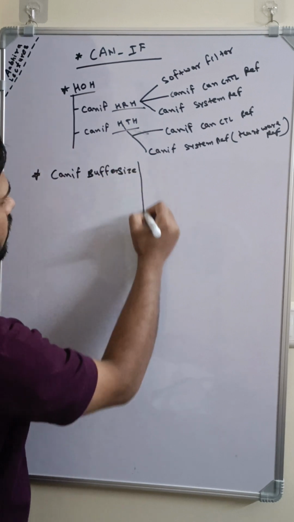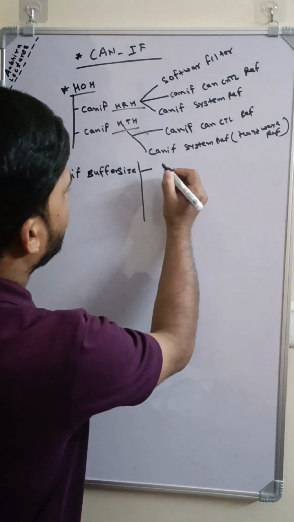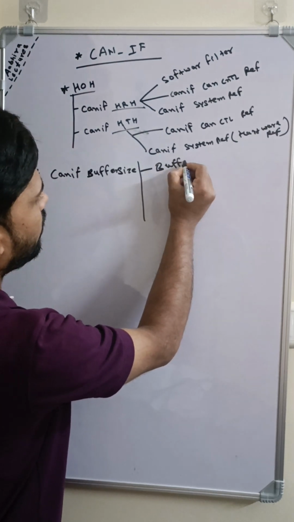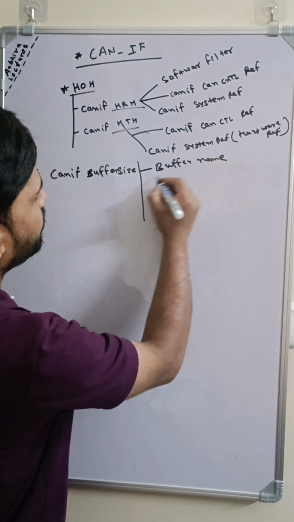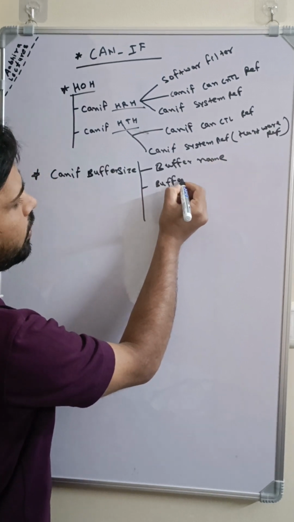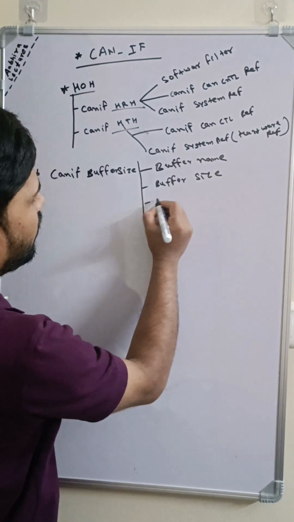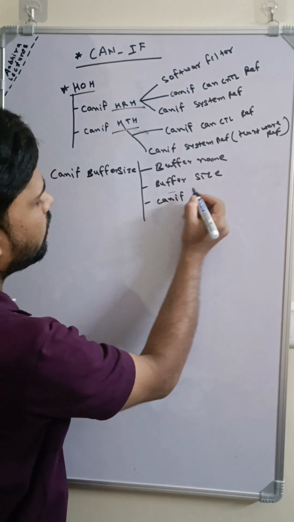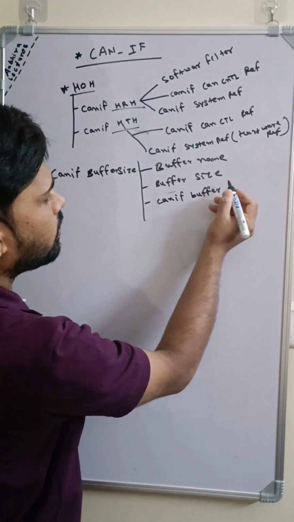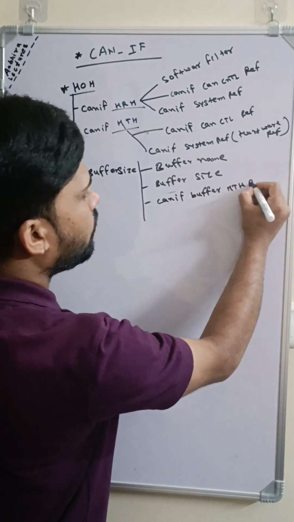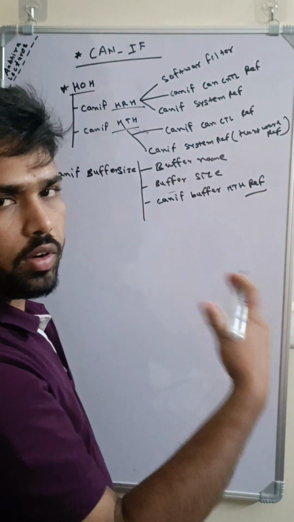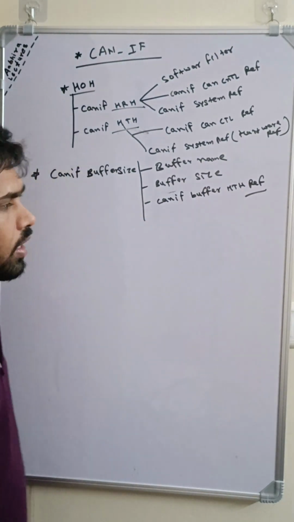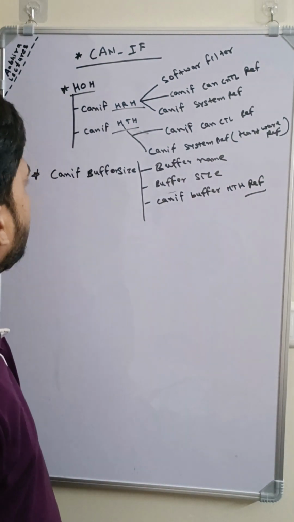In this we have to configure the buffer name, buffer size and CANIF buffer HTH reference. We configure this only for TX message data, no need to configure it if the messages are RX messages. So that is the parameter of CANIF buffer size.